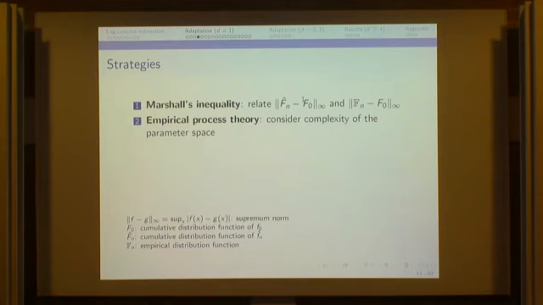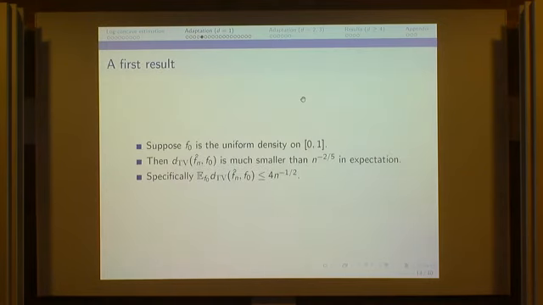The first one is Marshall's inequality. This relates this quantity and the other quantity that I'm going to explain later. So this is our first strategy, and the second strategy is empirical process theory, by considering the complexity of the parameter space. So let's look at our first strategy first.